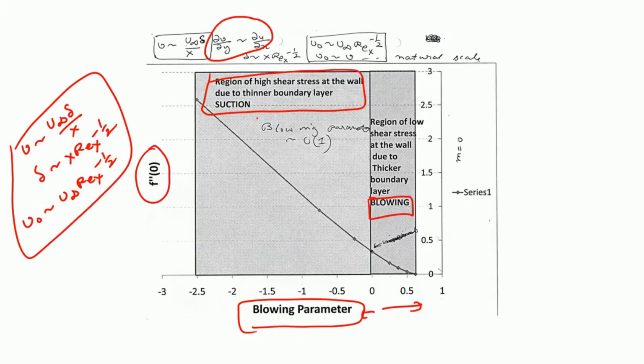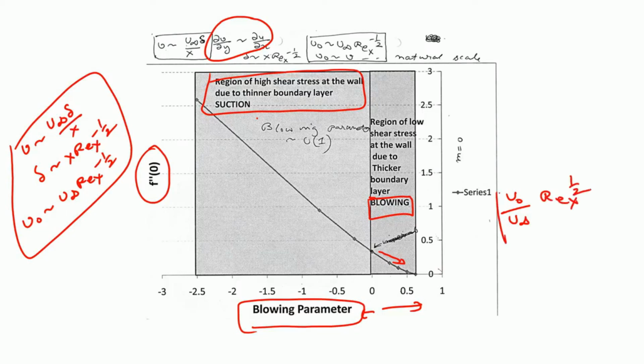As you can see, when you continuously go on blowing more and more, that means you are increasing the blowing parameter. If you recall what the blowing parameter was, let me write it down over here so that there is no confusion, x to the power of half.